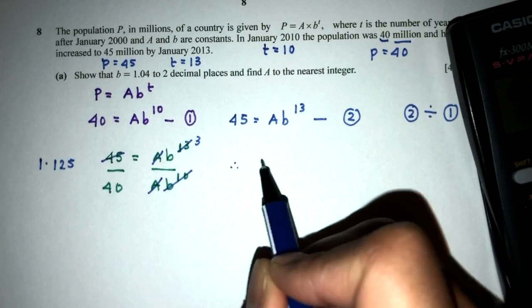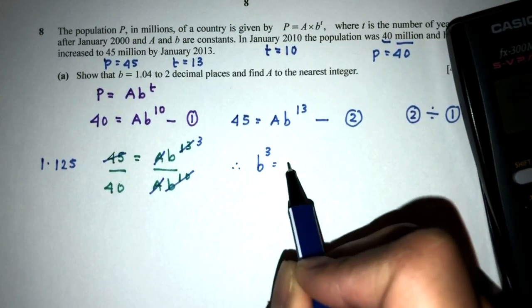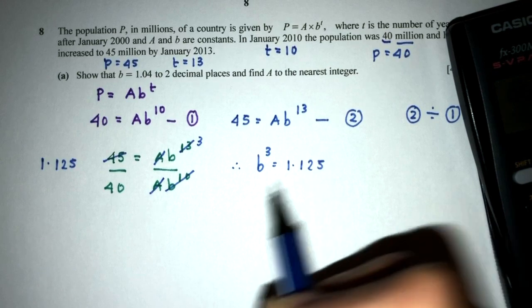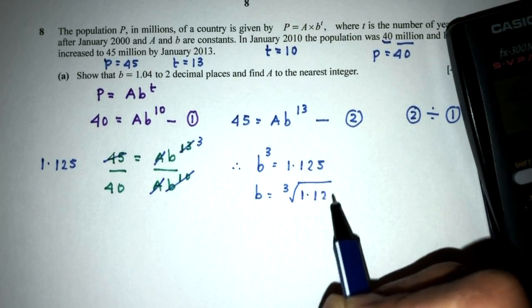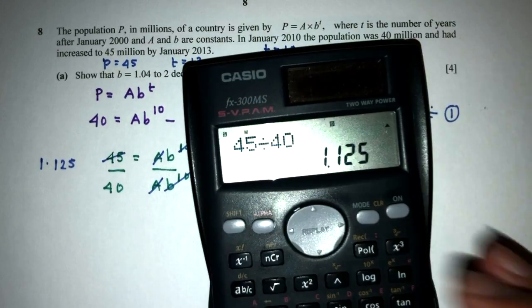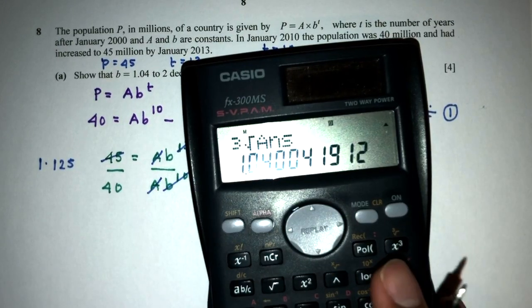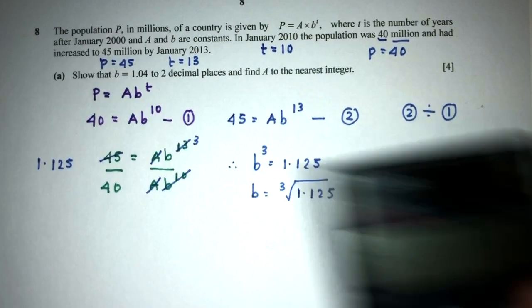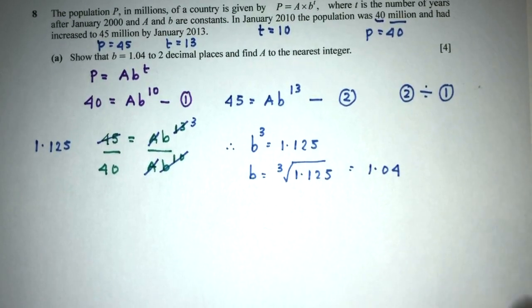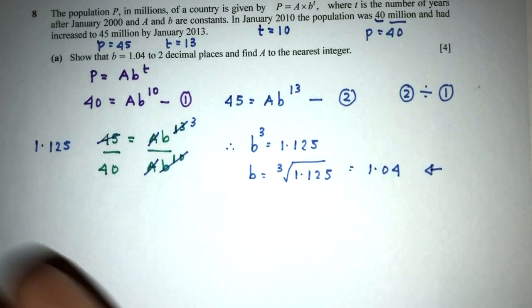So right now we have B cubed is 1.125. So B will be the cubic root of 1.125, which is 1.04 as your answer for this one. Okay, that is 2 decimal places. This is shown as required.